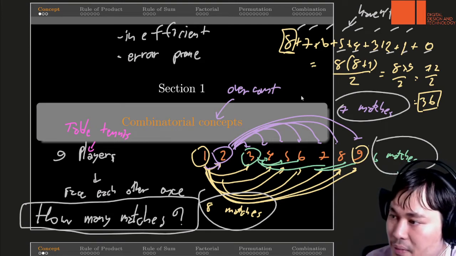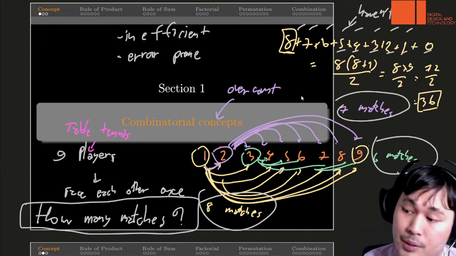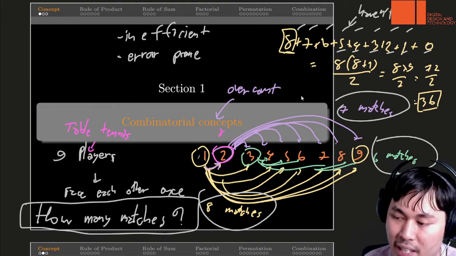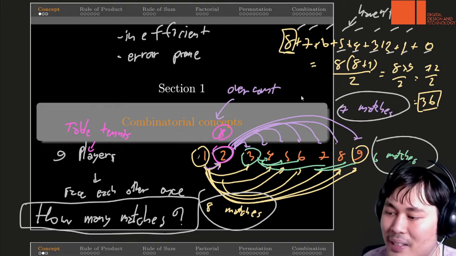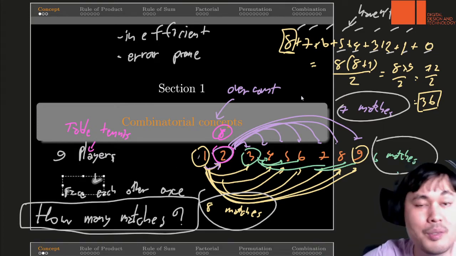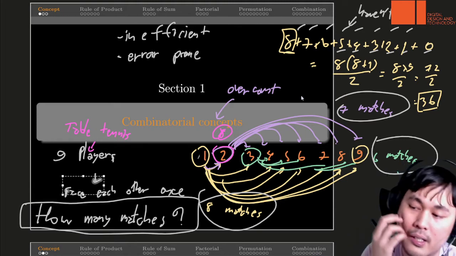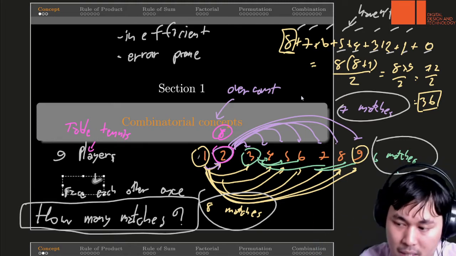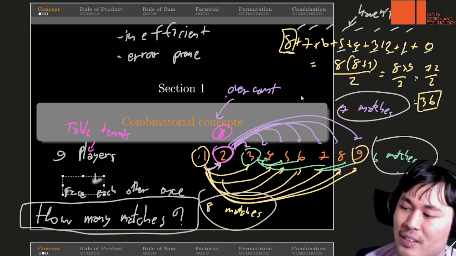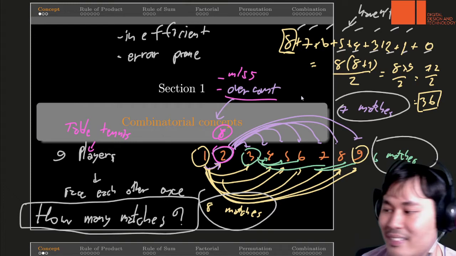For instance, as I mentioned, some of you may say, oh, player number 2 needs to play against every other player, so they need 8 matches. But in fact, we forgot to mention that if 1 plays against 2, then that means 2 also plays against 1 already. So you don't have to arrange 2 matches for those 2 players. There are some errors, right? You might overcount. You might miss some cases.